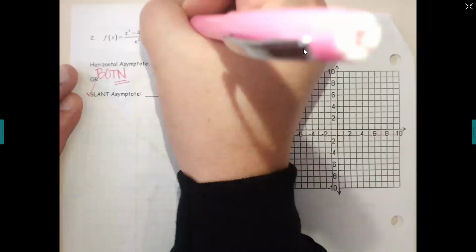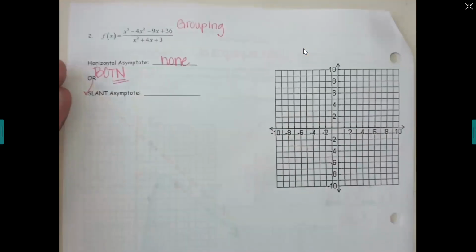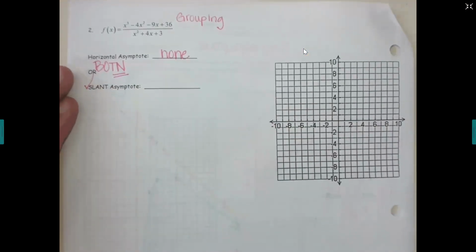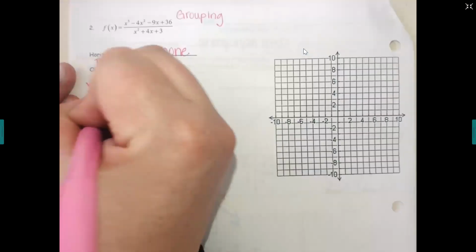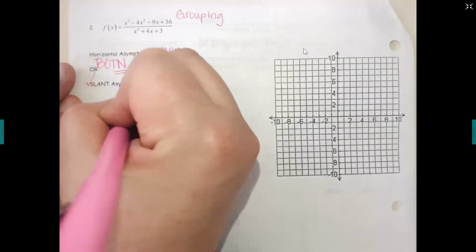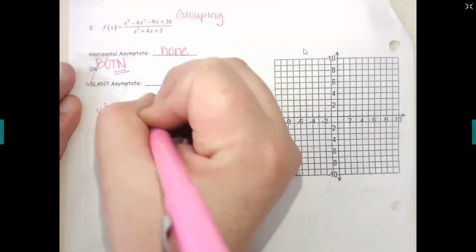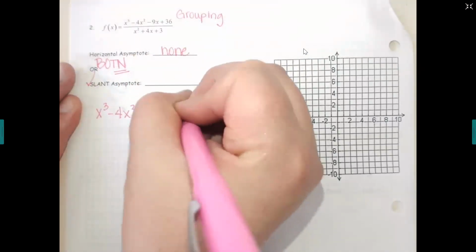Let's do the top first. This is going to be factor by grouping. Okay, and I made sure not to pick any examples on your practice today that you'll have to do grouping on. So it's x cubed minus 4x squared minus 9x plus 36.